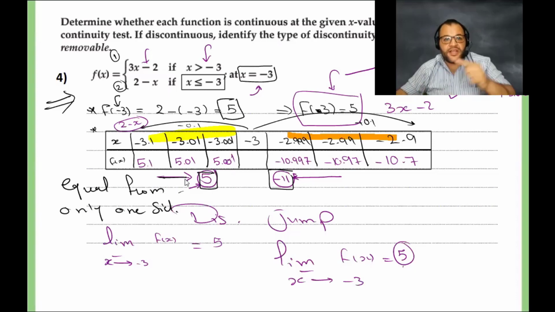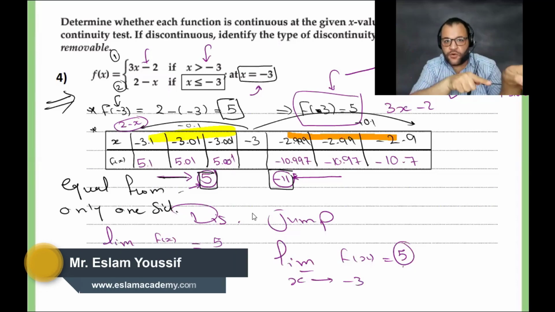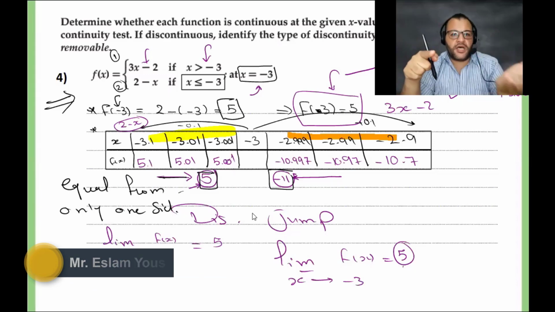So there is a limit now in this case, not in all cases, because in some questions it's the limit from the right side, and in some questions it's the limit from the left side. In this case, it's the limit only from the left side, and from the other side it approaches another number.